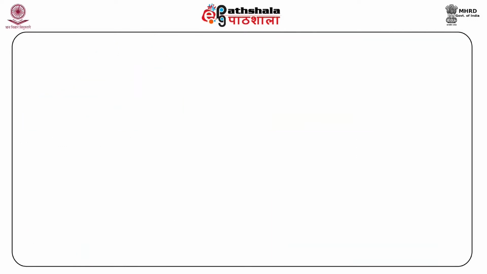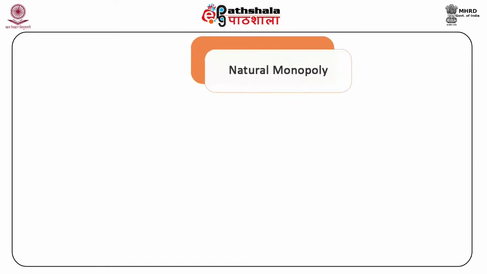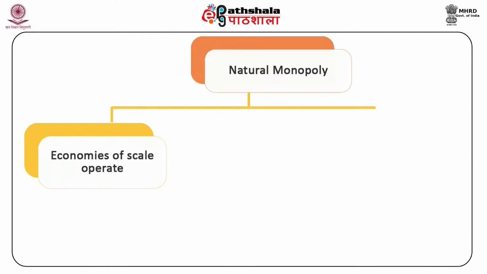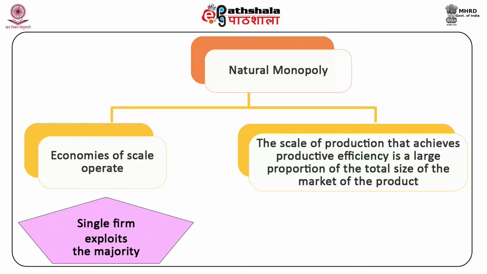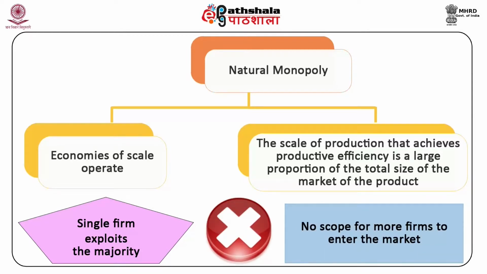As mentioned earlier, a natural monopoly exists when economies of scale operate or when the scale of production that achieves productive efficiency is a large proportion of the total size of the market of the product. Hence, if a single firm exploits the majority of economies of scale available, then there is no scope for more firms to enter the market.